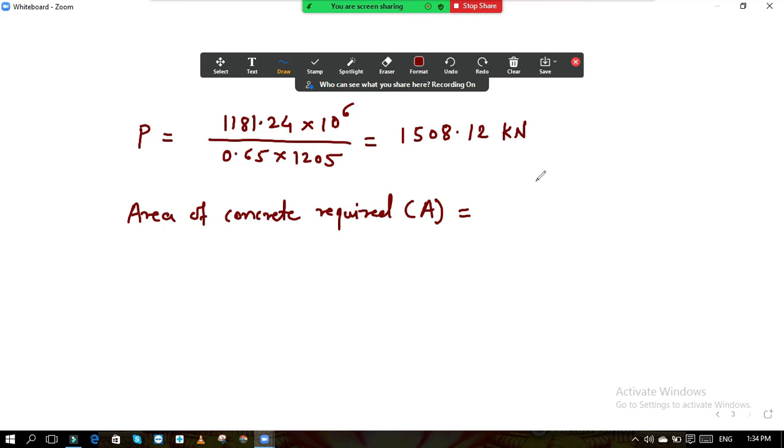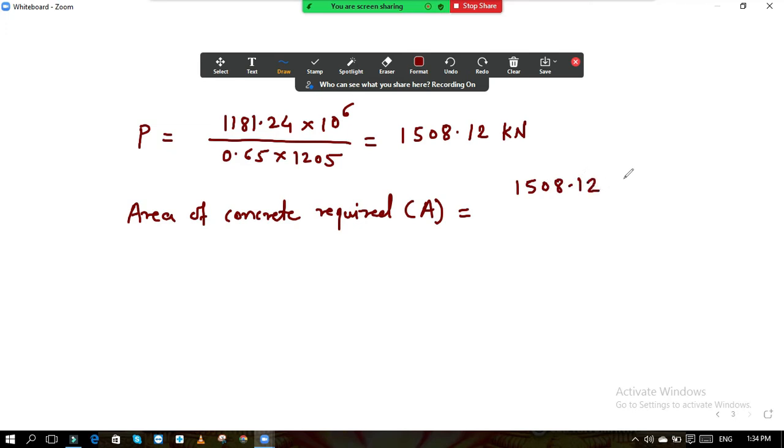Force divided by stress will give us the area. You know the basic formula: force is equal to stress into area. If I want to find the area, I should divide the force by stress. I am talking about concrete, so I should take the stress in concrete.